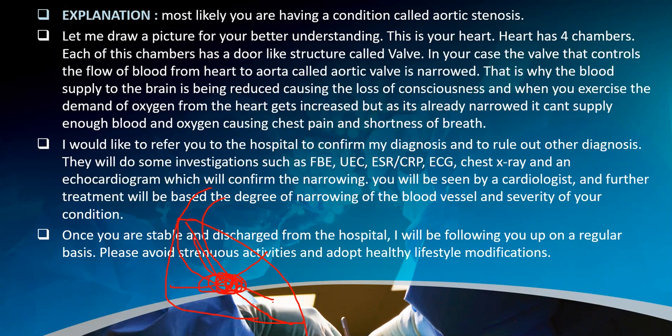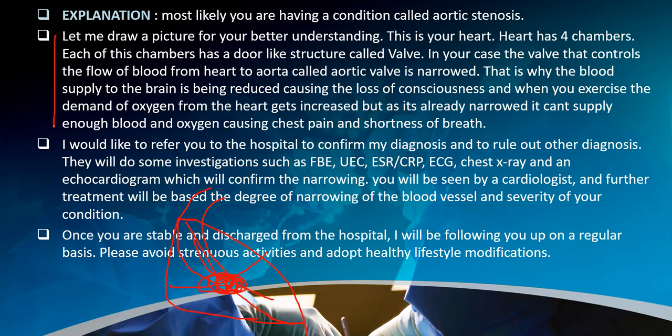And when you exercise, the demand of oxygen from the heart gets increased, but already your heart valve is narrowed. So your heart cannot supply enough oxygen and blood, which results in chest pain and shortness of breath. See that, always try to correlate your explanation with the patient's symptoms so that the patient understands why I am having frequent collapse, why I am having shortness of breath or chest pain when I work.